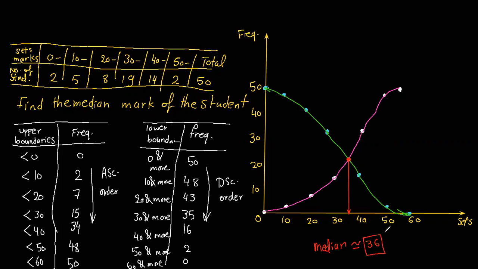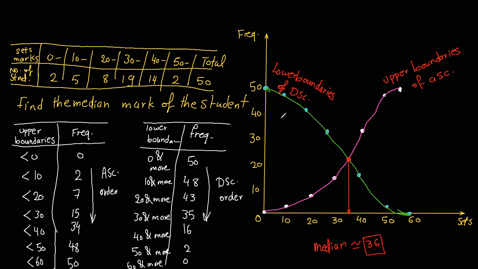So the median is found from the two curves, depending on the upper boundaries of ascending order and the lower boundaries of descending order.